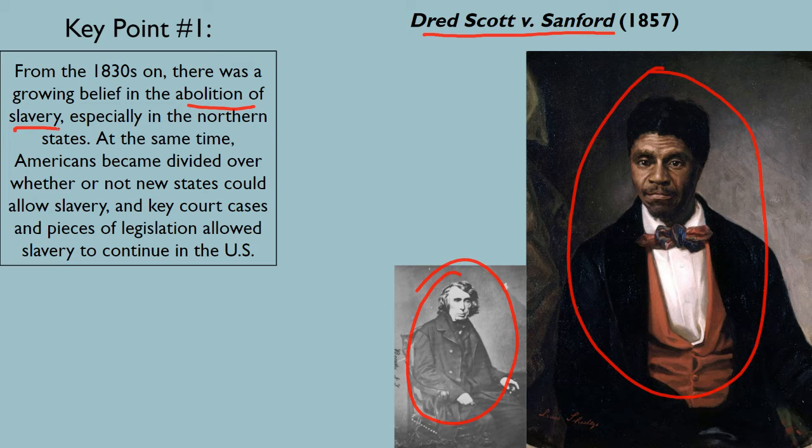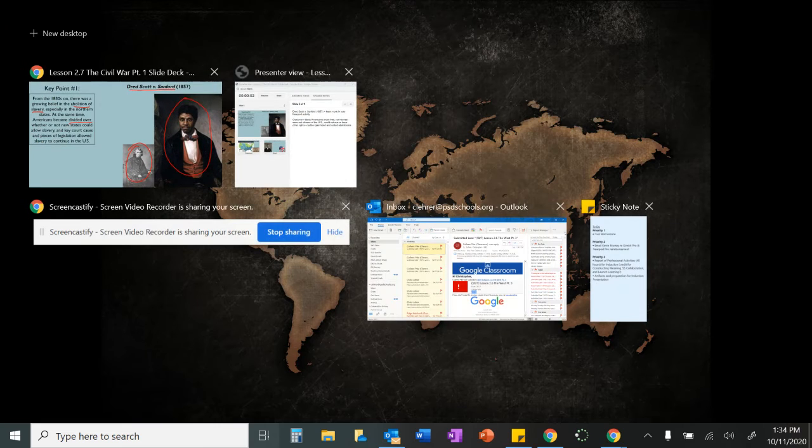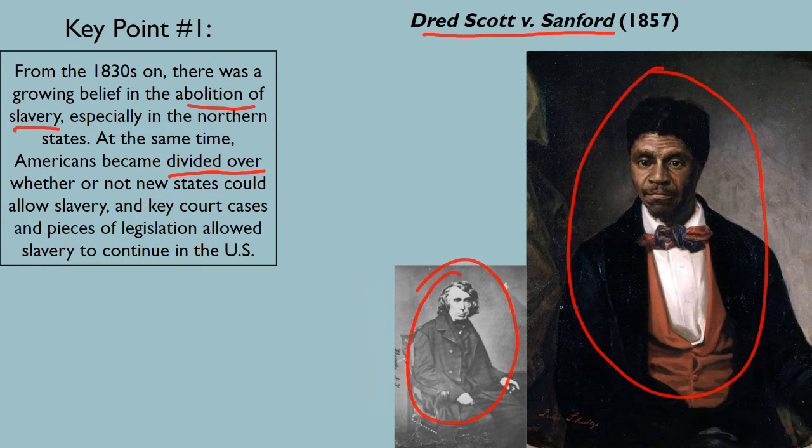At the same time that there was this growing abolitionist movement, Americans became divided over whether or not new states could be allowed to have slavery. Key court cases such as the Dred Scott case and pieces of legislation such as the Kansas-Nebraska Act, all of these things combined to increase tensions between pro-slavery and anti-slavery people in the United States.